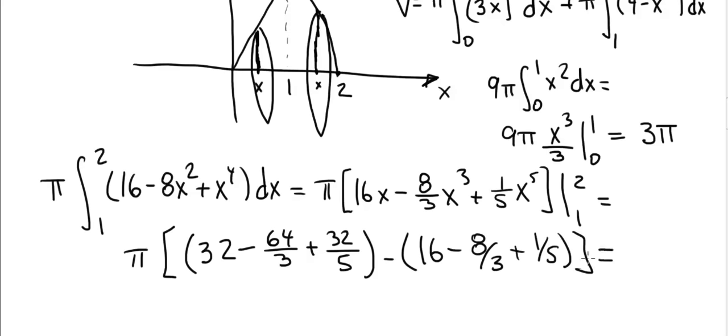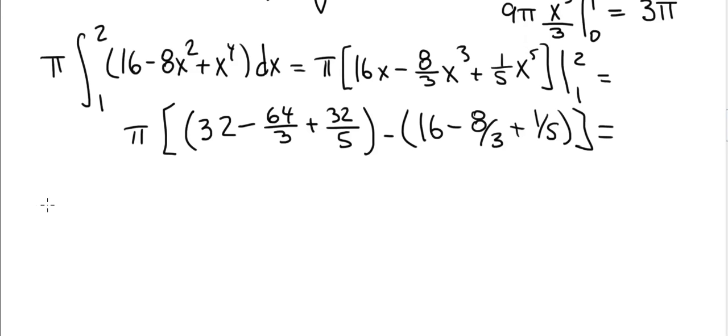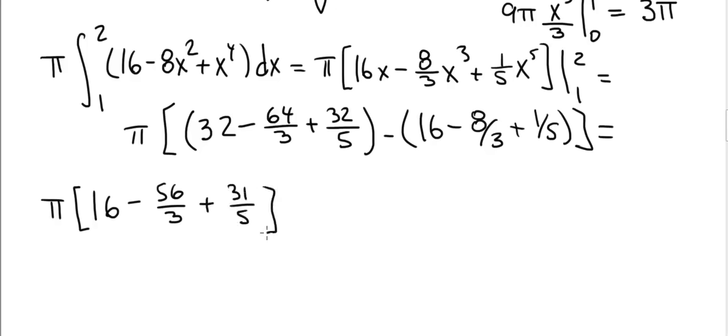And so let's simplify that. We have pi, and then 32 minus 16 is 16, minus 64 thirds, minus a minus, that's plus 8 thirds, that's minus 56 thirds. 32 over 5 minus 1 over 5 is 31 over 5. So the common denominator here is going to be 15.